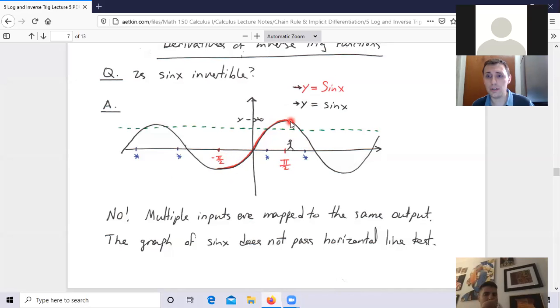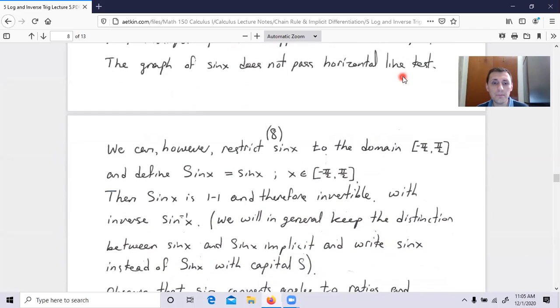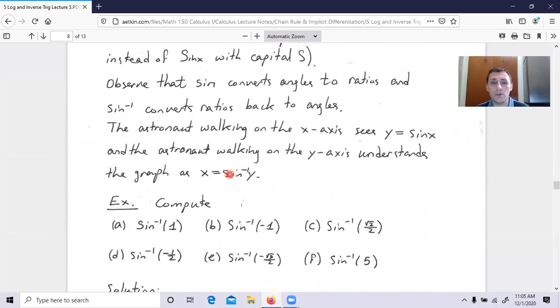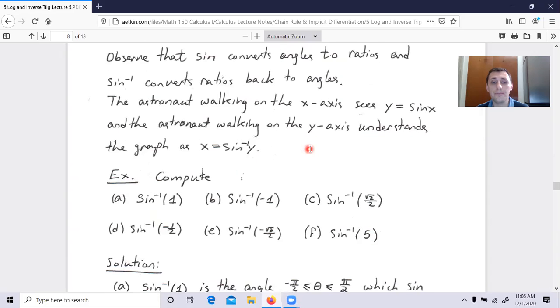First and fourth quadrant, and I underlined it in red. So that function is invertible, and you can see the inverse graph if you walk on the y-axis, as we talked about before. And the inverse function is called sine inverse y.